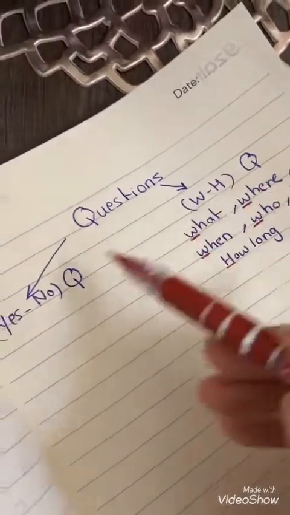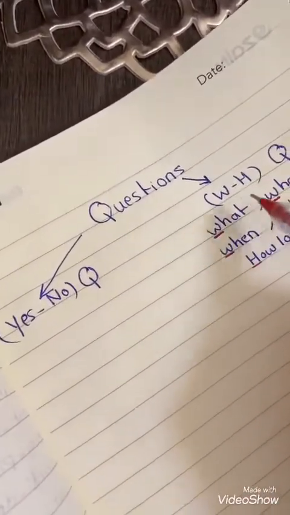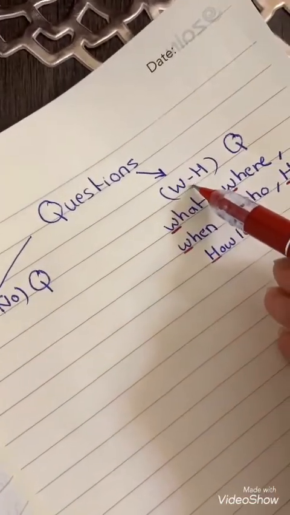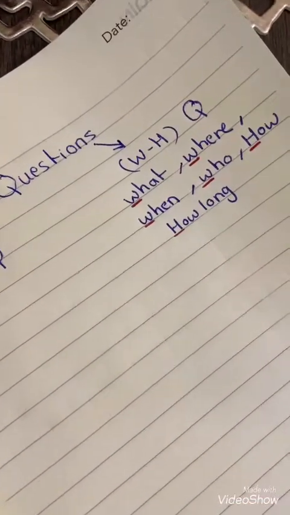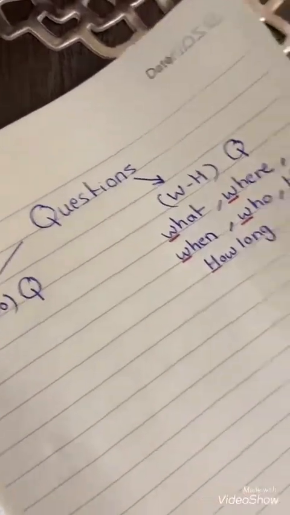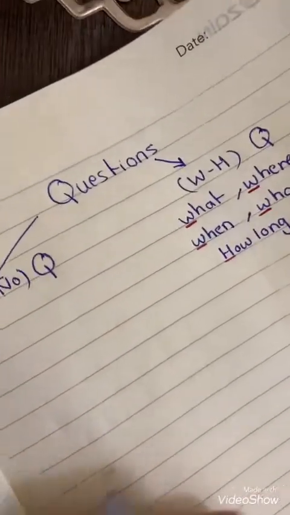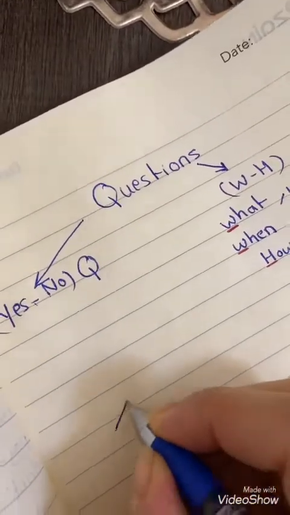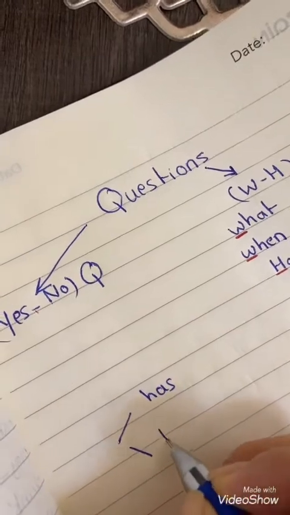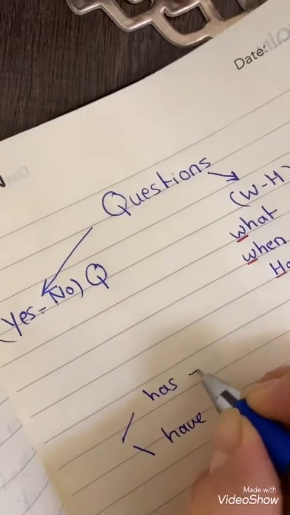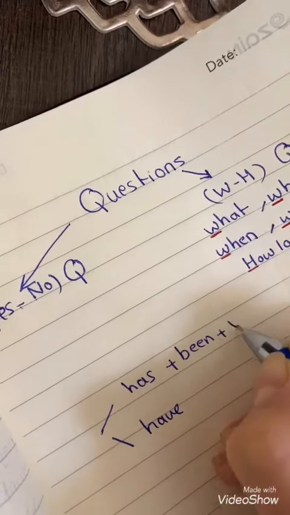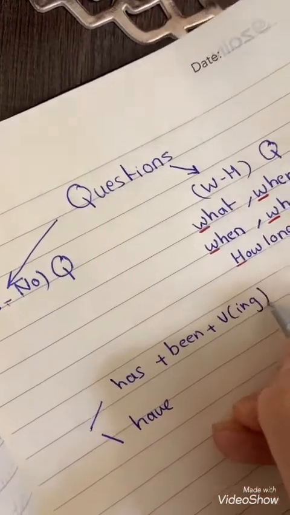Okay, how can we use these two parts of questions, the yes or no question and the WH question, in present perfect continuous? We said that the present perfect continuous rule is has or have plus been with the verb with ing.